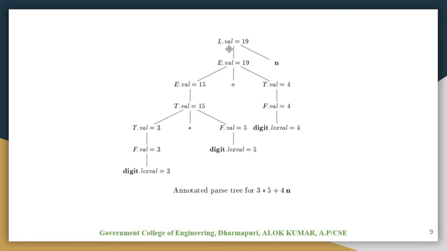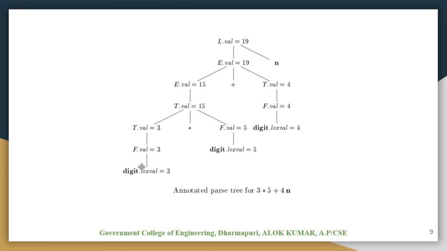L generating E, then E generating E plus T, then T generating T * F, T generating F, and F generating digit, and so on. Here F is generating this digit, and here T is generating F, F generating digit.